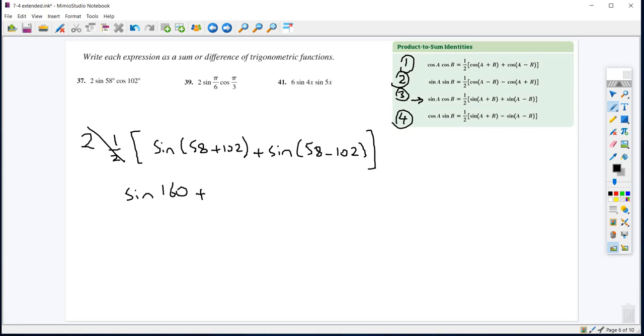And plus, if you subtract 102 from 58, that is a negative 44. Like this one, right? If you don't want the negative number, you can definitely carry the negative sign in the front of the sine. So it's going to be negative sine 44. That will be it. That's the question 37.